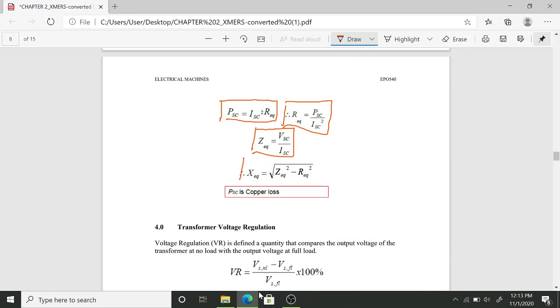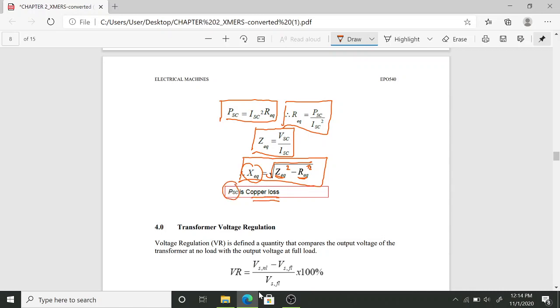You will get X equivalent from this formula: the square root of Z equivalent squared minus R equivalent squared. Take note here, P short circuit is the copper loss.